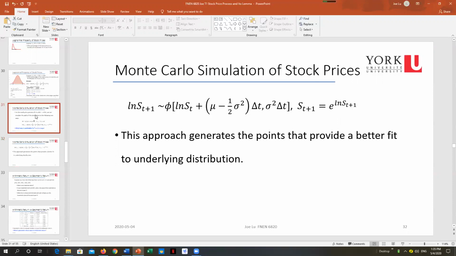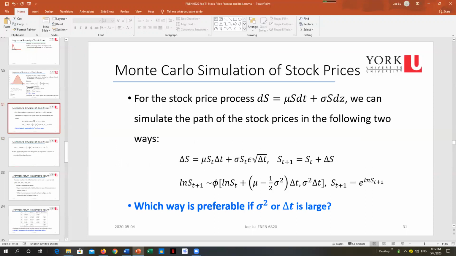Whereas if you use this discretized process, and make delta t being 1 year and draw this delta S, you would tend to have much bigger errors than what is implied from this distribution.